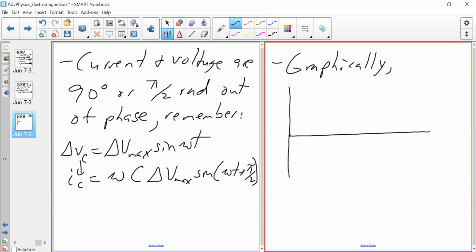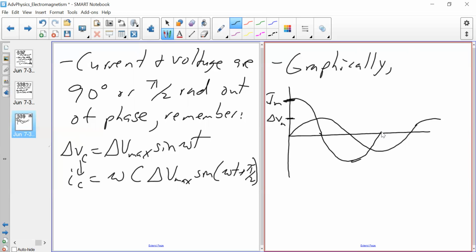And so we have something that looks similar to this. And then the current is going to be 0 when voltage is max. And then this is going to be max when this is minimum.